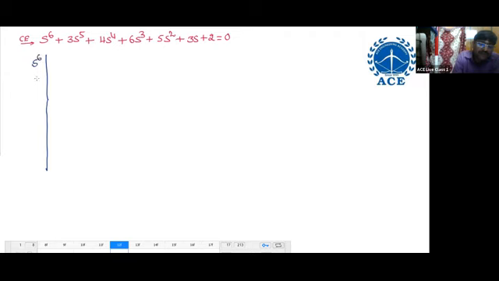S power 6, 5, 4, 3, 2, 1, 0. Come, solve it. Anybody have the answer?